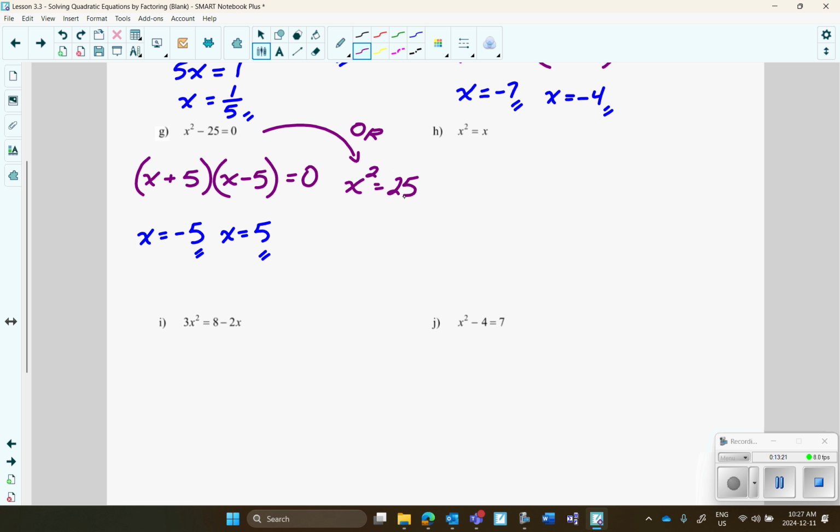And how do I find x? Be careful. Plus minus square root. And the plus minus square root is plus or minus 5. So notice either way gets us the same answer. Okay?